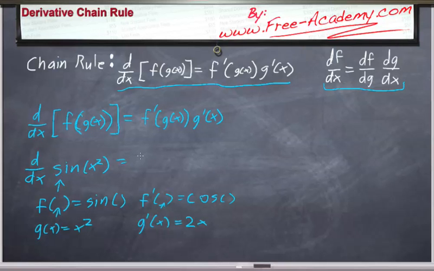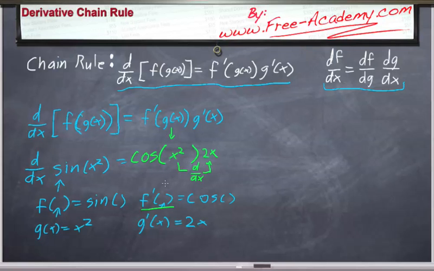We'll write out f prime here. So this will be the cosine. And inside these parentheses, we put g of x, which is x squared. And then we're going to multiply the whole thing by the derivative of x squared, which is equal to 2x.